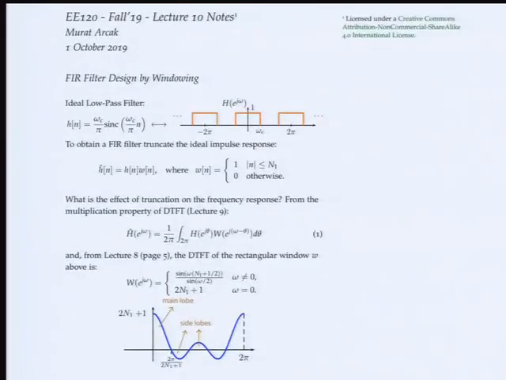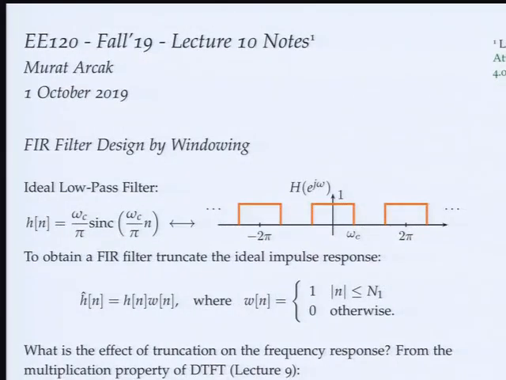Okay, so FIR filter design by windowing. Ideally, you want your discrete time filter to give you this frequency response. The DTFT should look like this, where omega c is the cutoff frequency above which you don't want to pass frequency components.